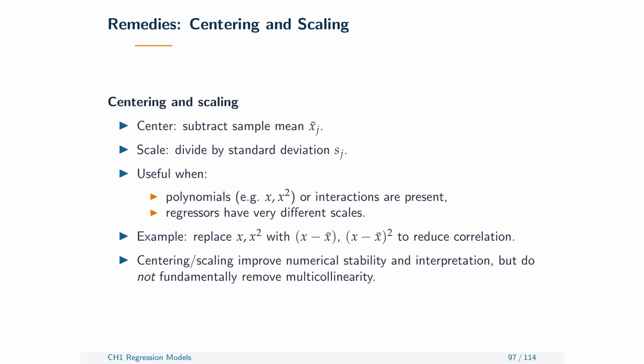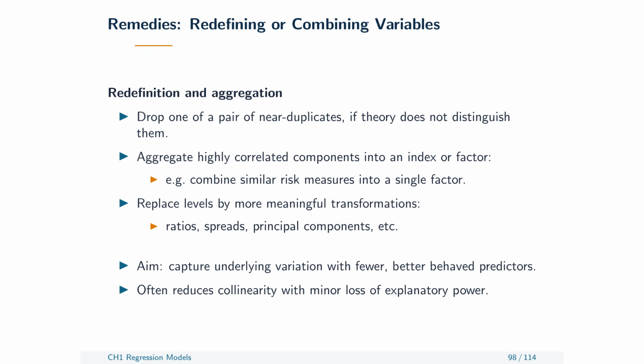Centering is particularly useful when a model includes powers or interactions. Replacing x and x squared with centered x and centered x squared can reduce non-essential correlation and improve the intercept's meaning. It does not cure collinearity created by genuinely similar economic variables that move together.